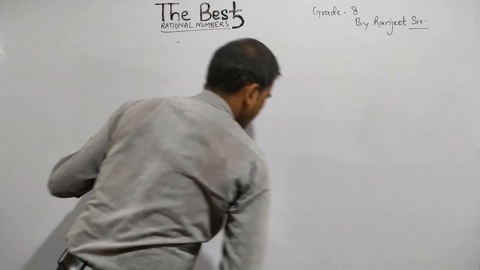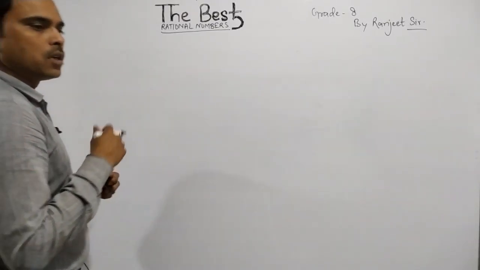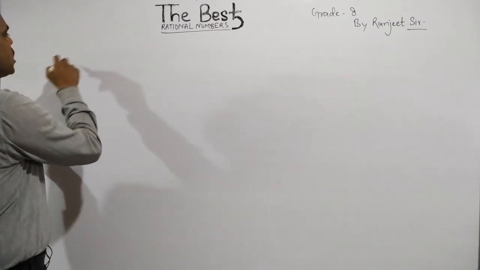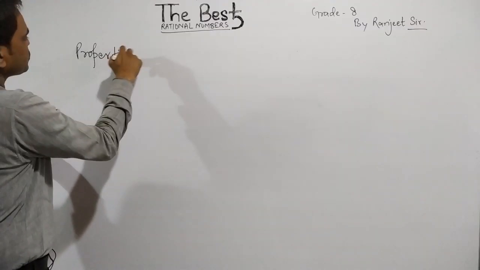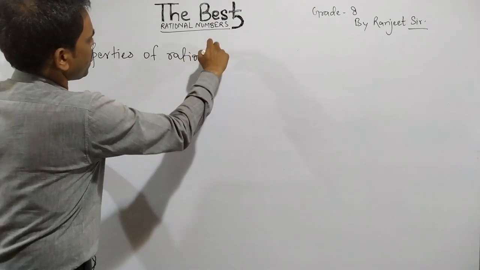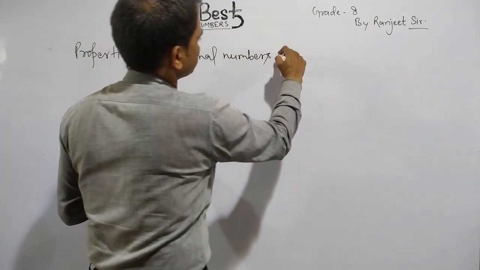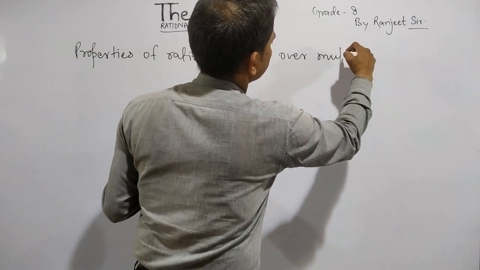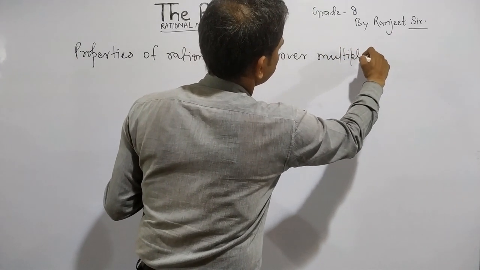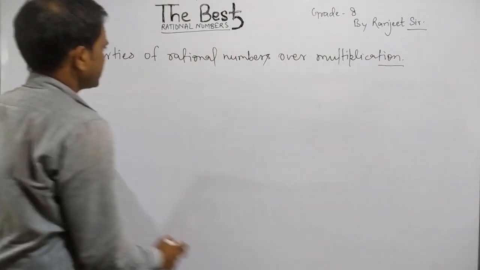So here let's discuss the properties of rational numbers over multiplication. Let's see what it says.